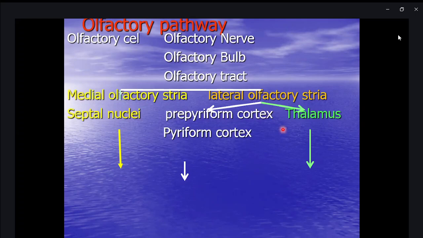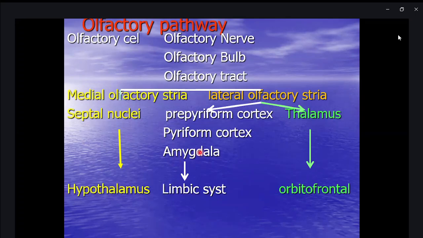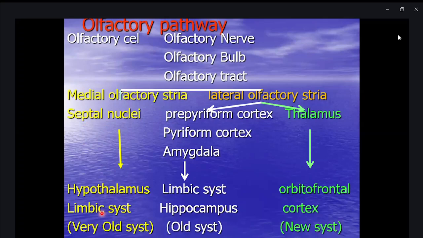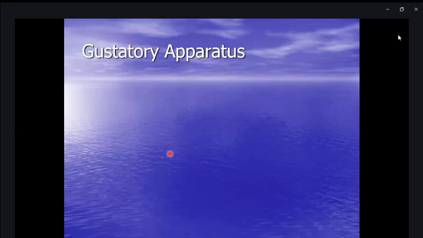And then the lateral also projects to the amygdala. If you remember, the amygdala is part of the limbic system, responsible for emotions. And then the part that projects to the septal nuclei projects to the hypothalamus, again the limbic part of the hypothalamus. So this is how we are able to smell something.